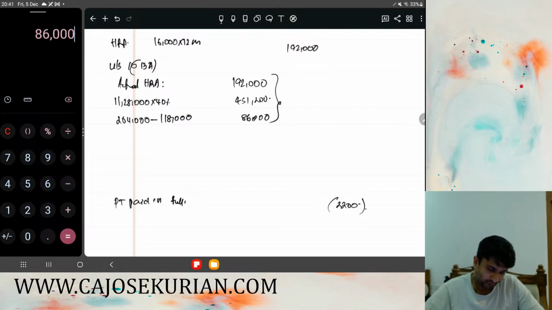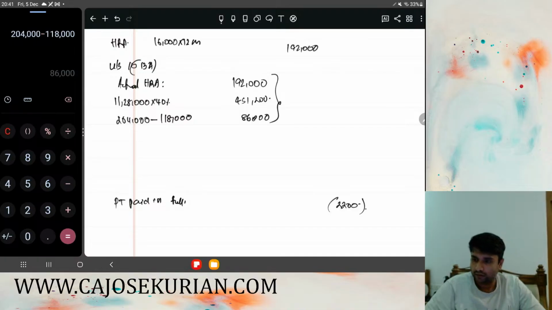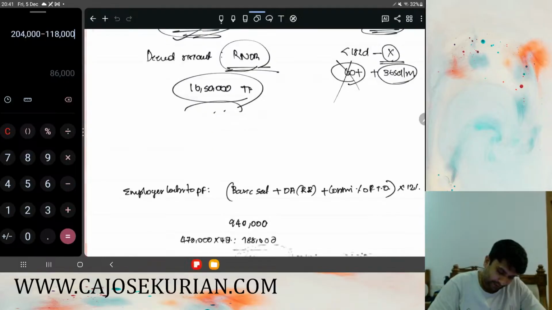So I think there is a small calculation error. So 2,04,000 minus 1,18,000. Not 1,18,000, that was the mistake, right? This is 11,28,000, right?